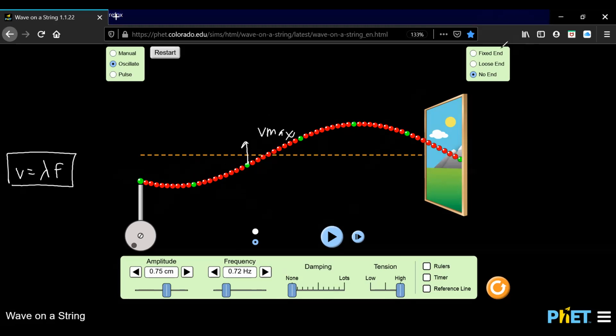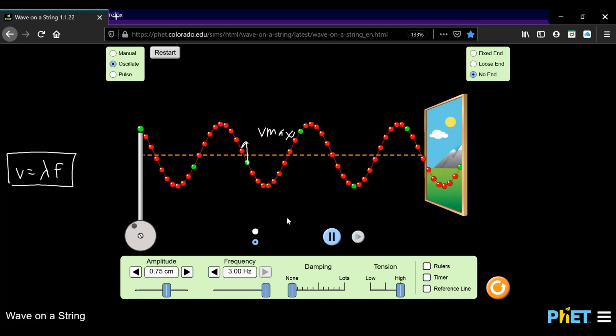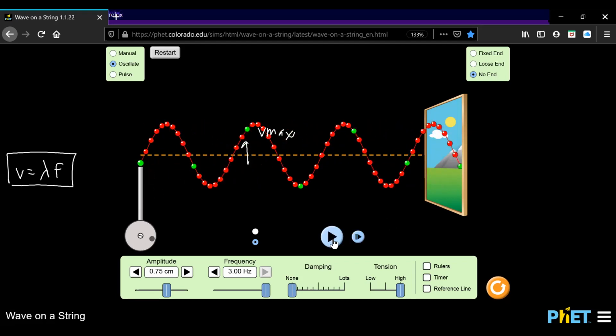Now, if I go to the high frequency, increase the frequency to its maximum, the thing that's moving faster is the motion on each of these points.